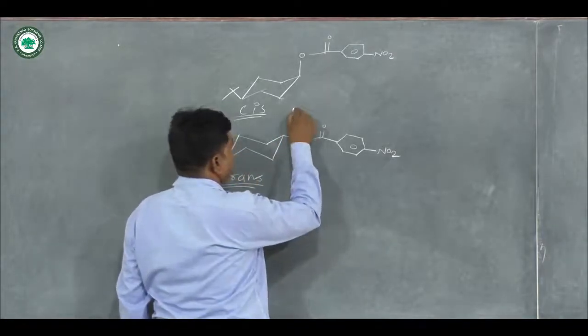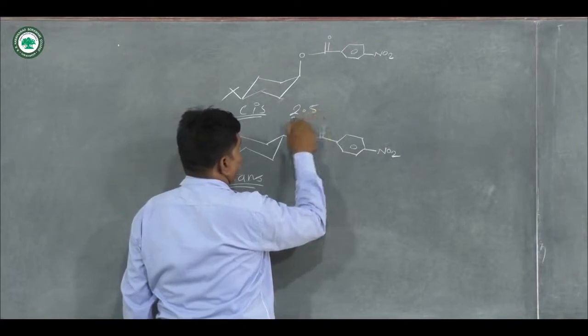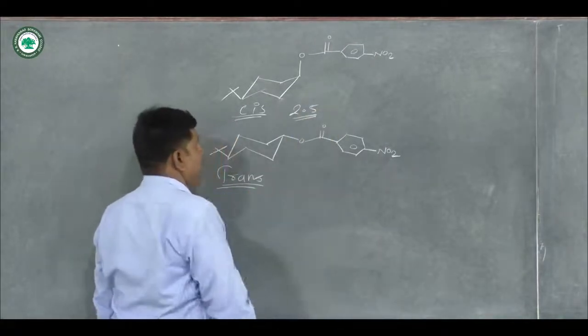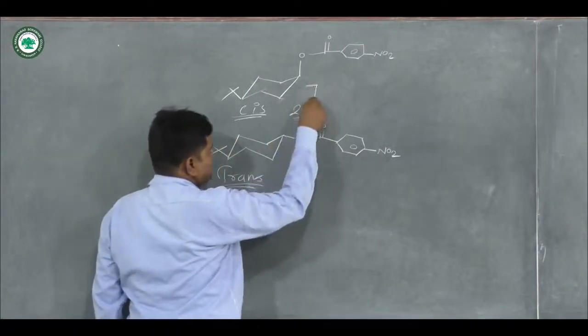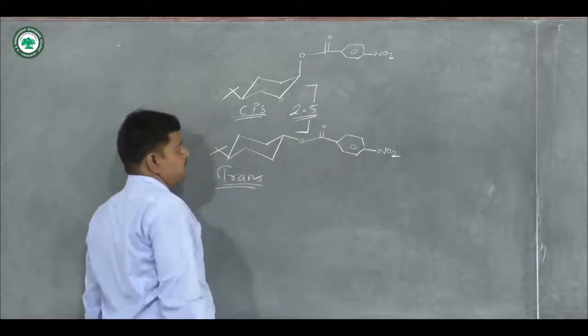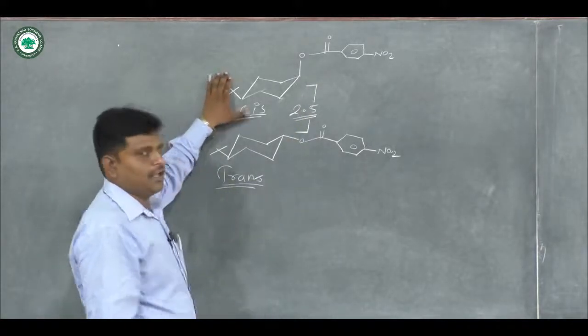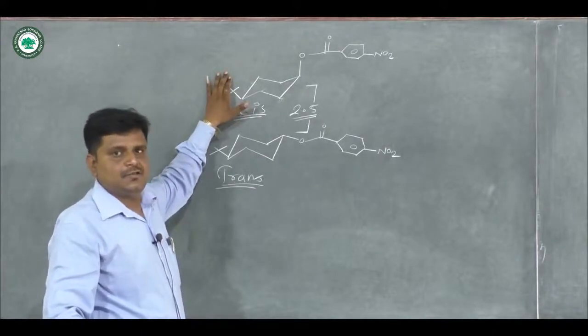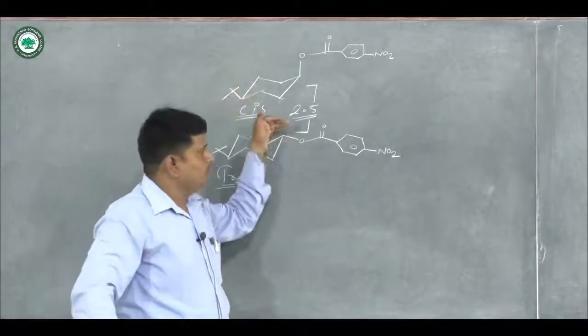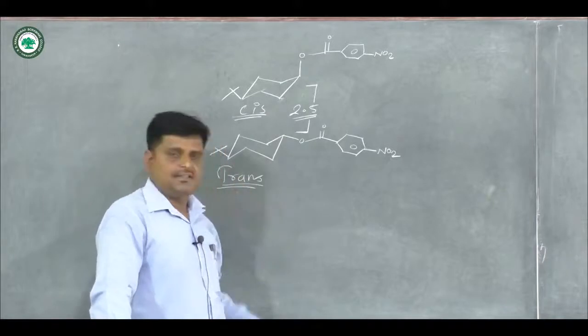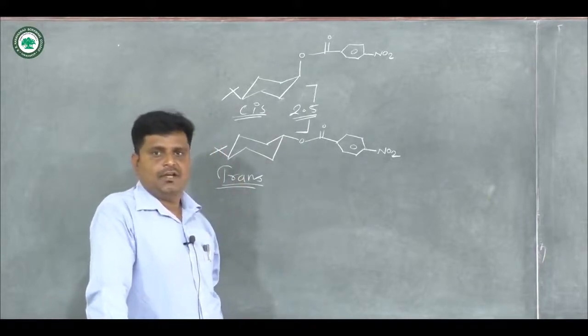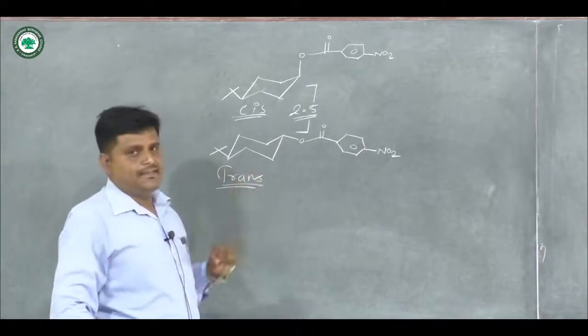So we write 2.5 times, and this is the difference between the two. It means this cis isomer is about 2.5 times faster than the trans isomer. So what is the reason?